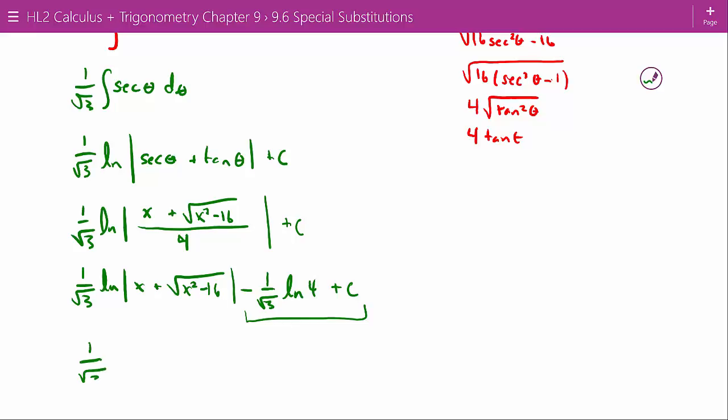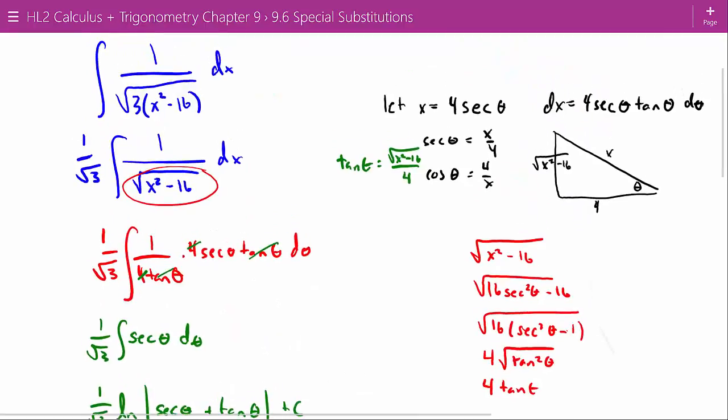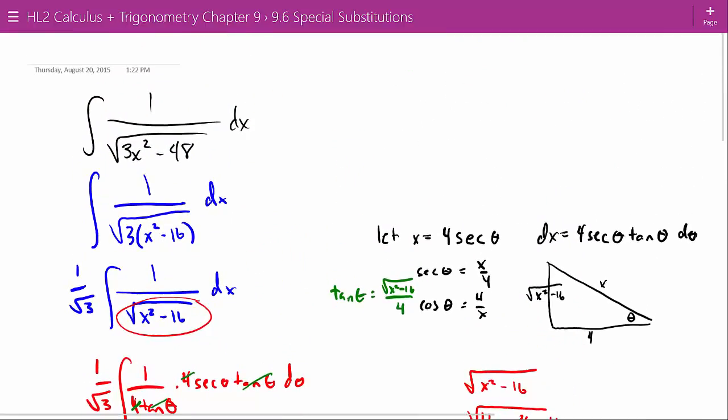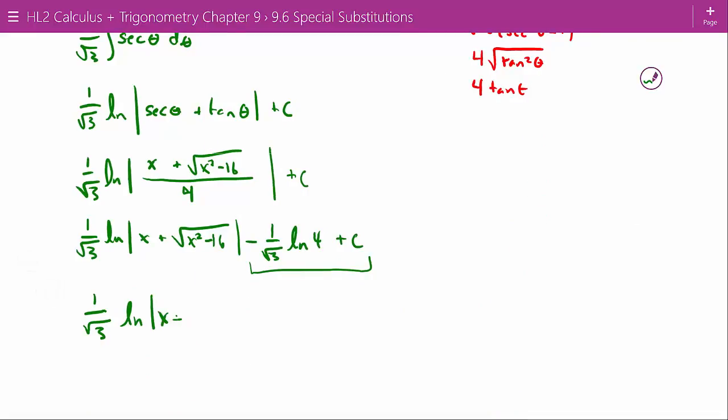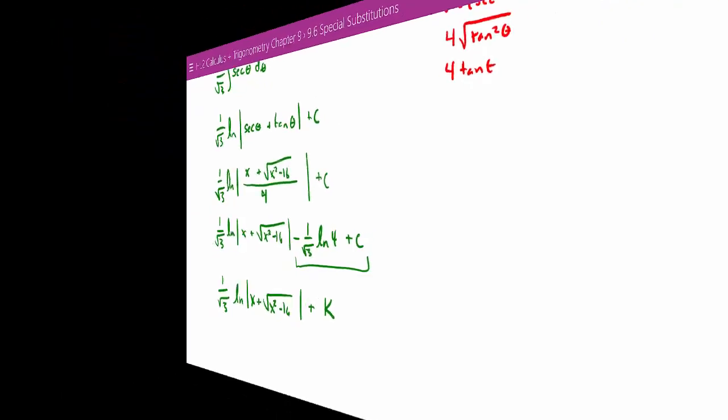So our finished answer, our finished antiderivative of that original thing written in black up there, is 1 over square root 3 times the natural log of absolute value, x plus square root x squared minus 16 plus a constant, whatever you want to call it. And there we go. We have finished this example.